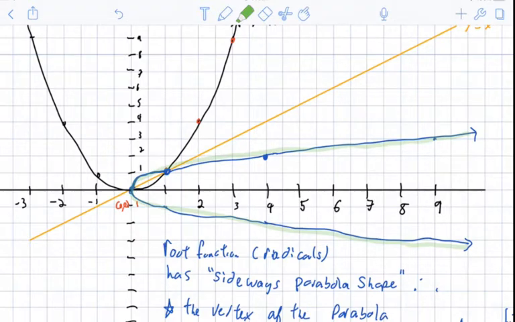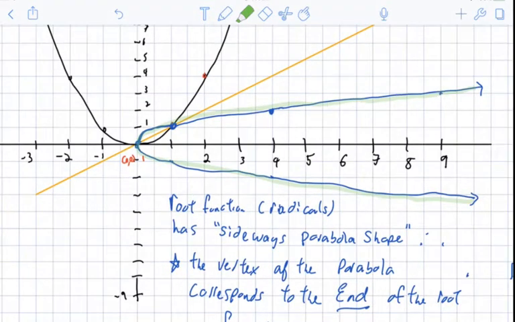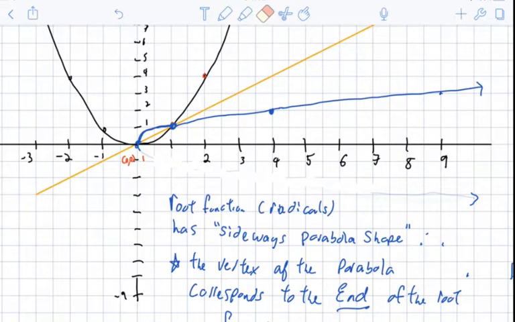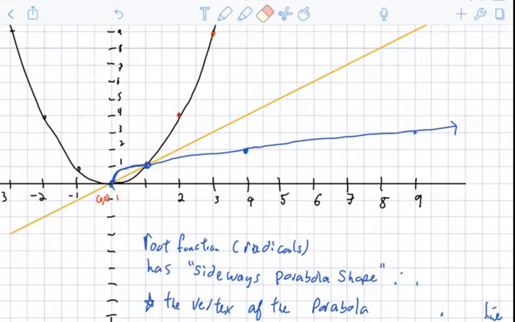And so in this case, the plus and the minus correspond to the top branch, positive, and the bottom branch, negative. Okay? So that's why we do it. It's because operationally, in terms of functions, the square root function is only one of the two. By default, it's only the top part. And so you have to reintroduce a minus sign in here to acknowledge that there is also a bottom branch.